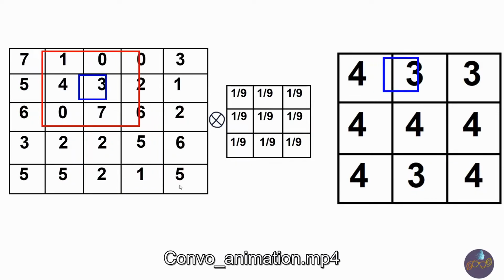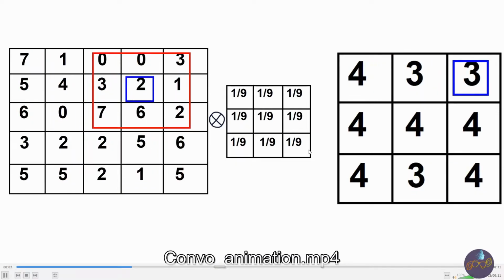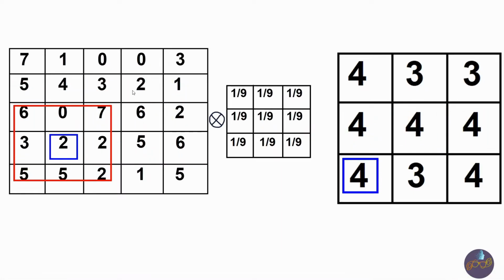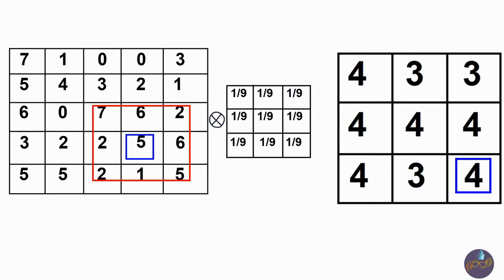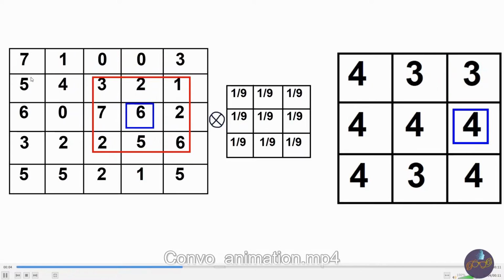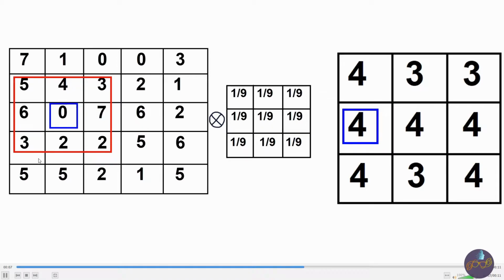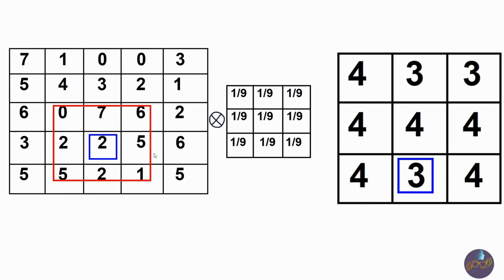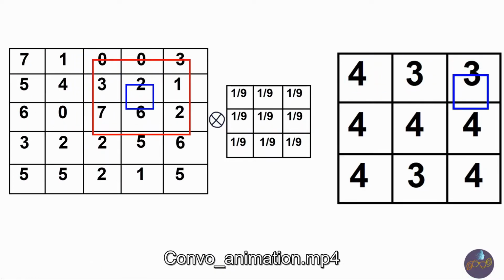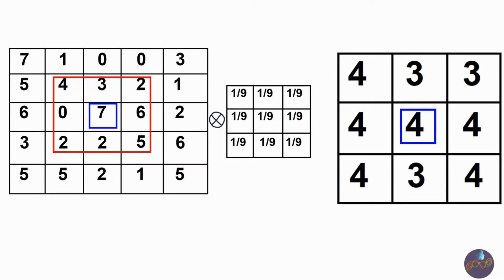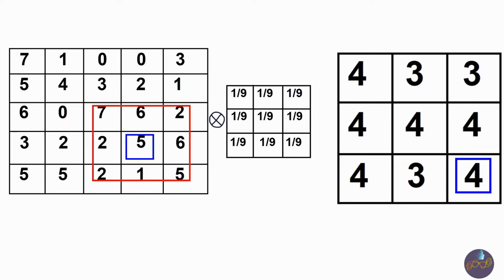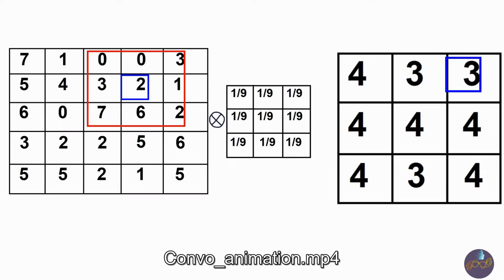So if it is a 3 cross 3 kernel, then 2 rows and 2 columns will be reduced from the original image if we do not do any kind of initial padding, right? So it is based on kernel size. If it was a 5 cross 5 kernel, then 2 rows and 2 columns would be gone on each side. So it is based on kernel size.